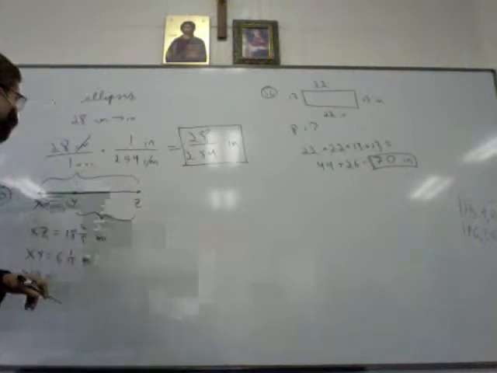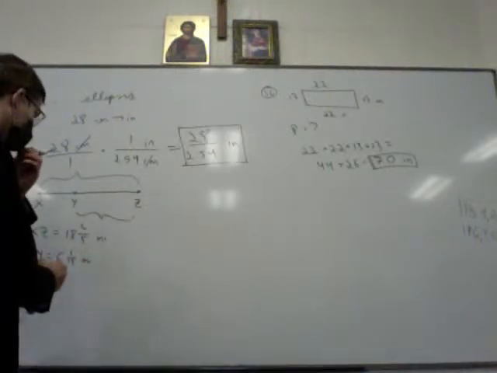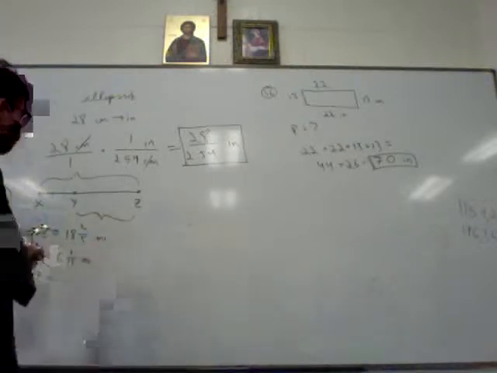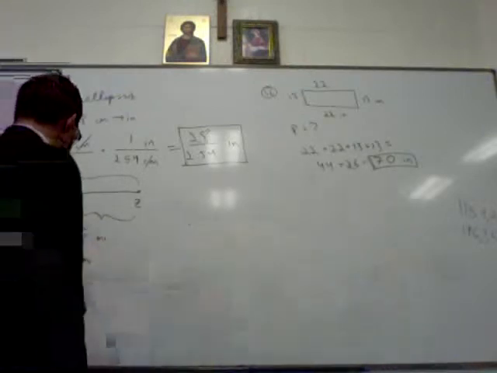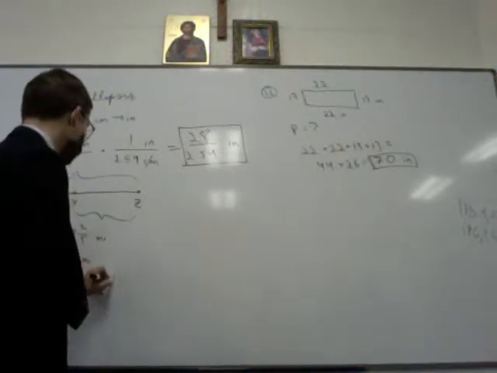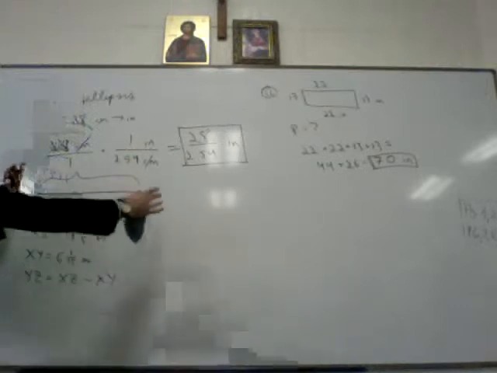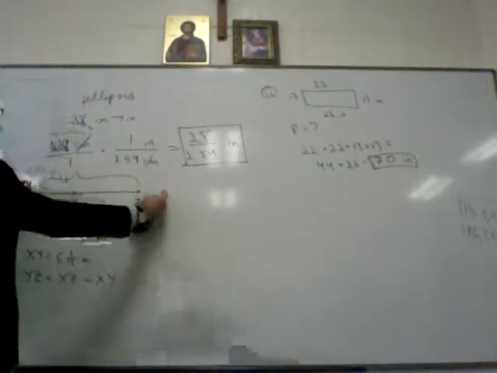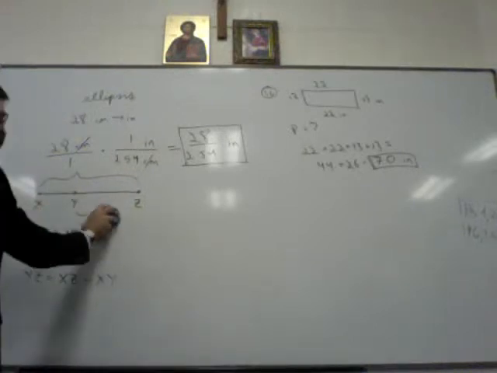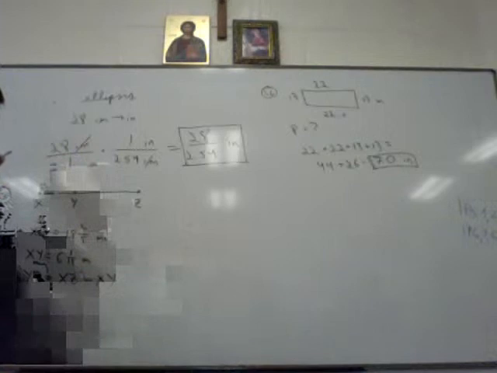It's only from Y to Z. So we're going to take XZ and subtract XY. Notice YZ is the length of this whole thing XZ minus this length here. Everyone see why I set it up that way? Okay.